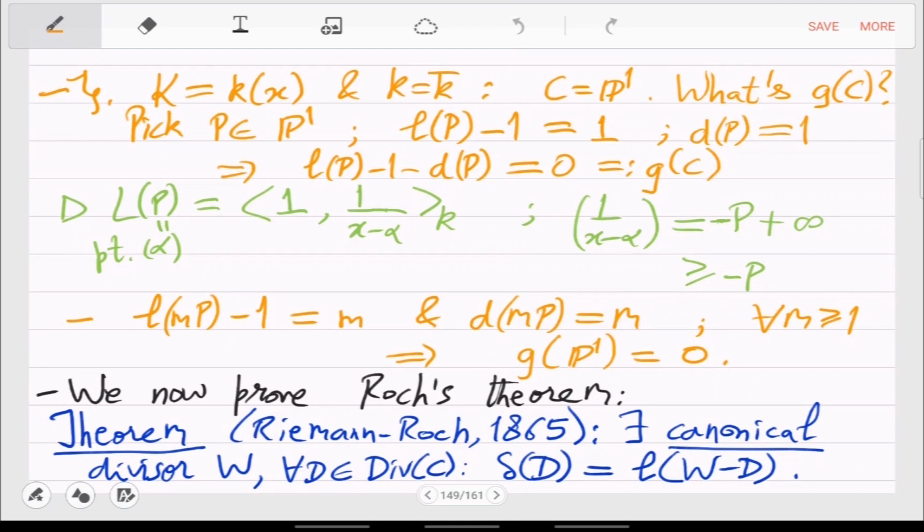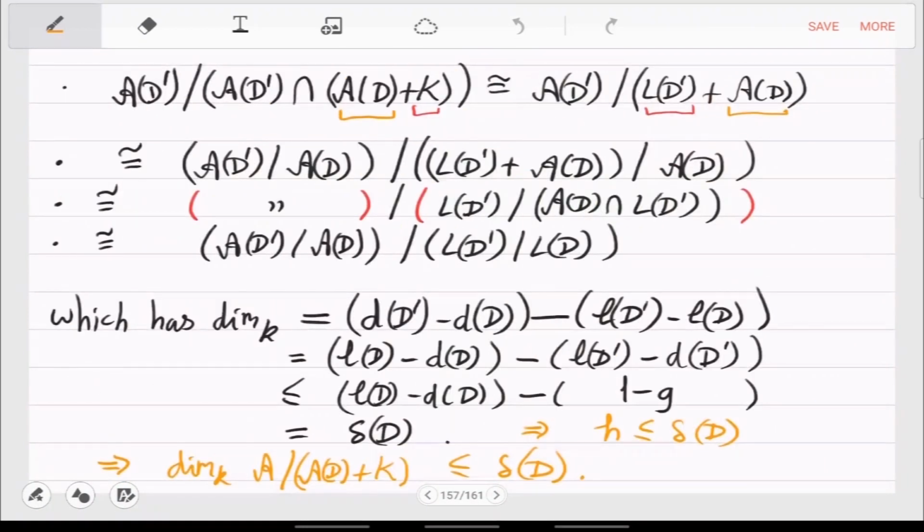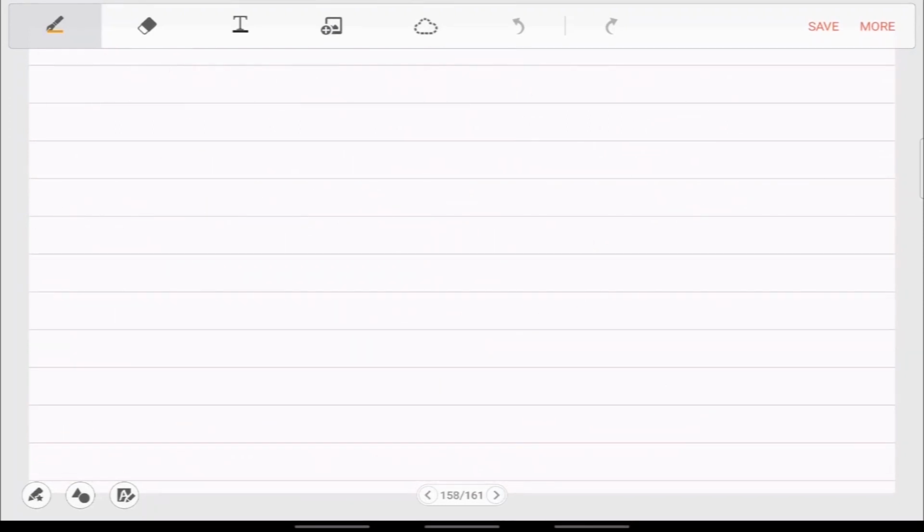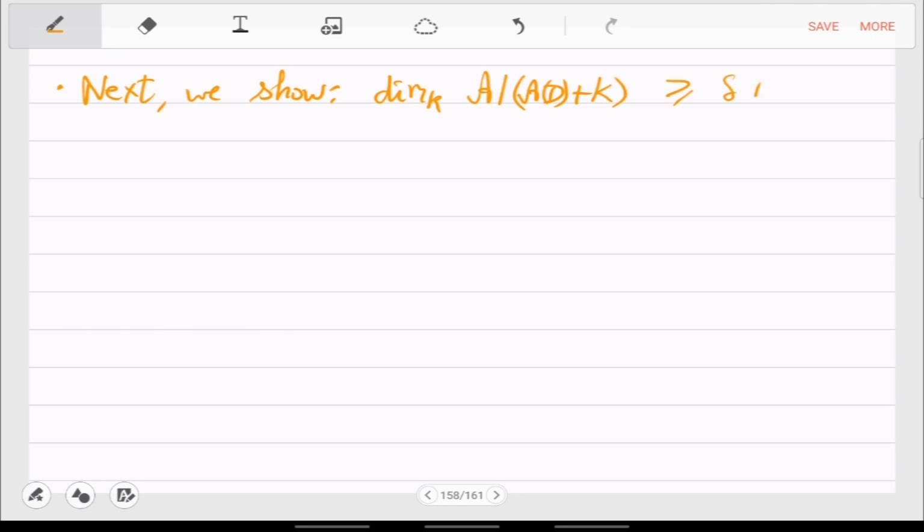Right now we actually have to prove equality with delta D. So let's first do that. That the dimension of this dual object is at least delta D. So this object is clearly a dual, right?